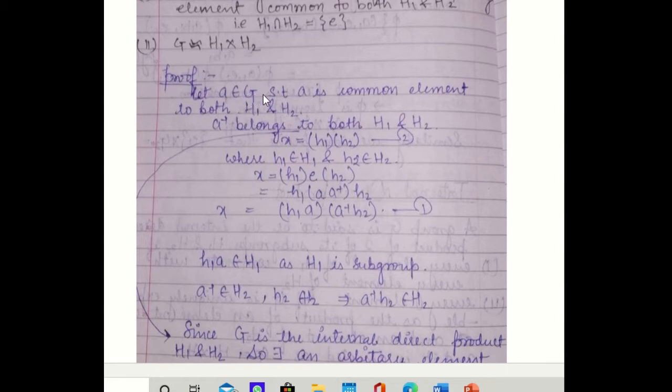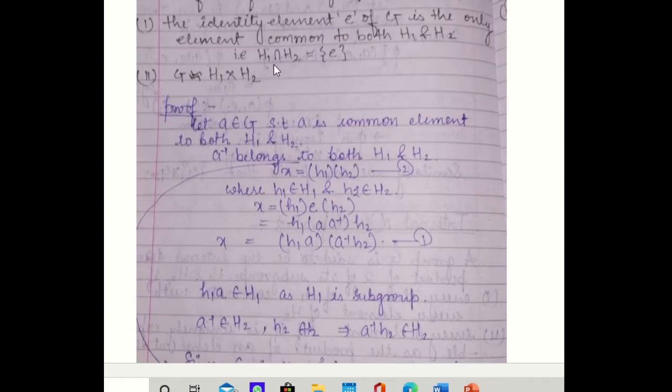Let A belong to G be any arbitrary element, and we have to show that the only common element between H1 and H2 is, that is H1 intersection H2 is singleton E. So we take, if possible, let A be any element of G which is common in both H1 and H2.